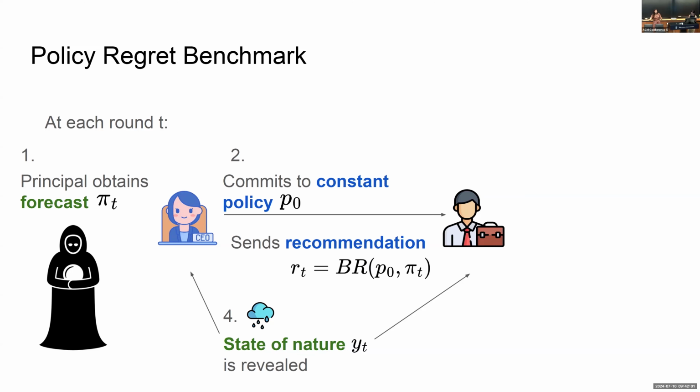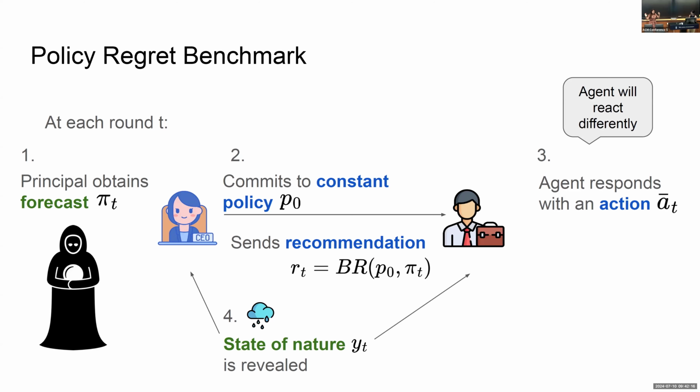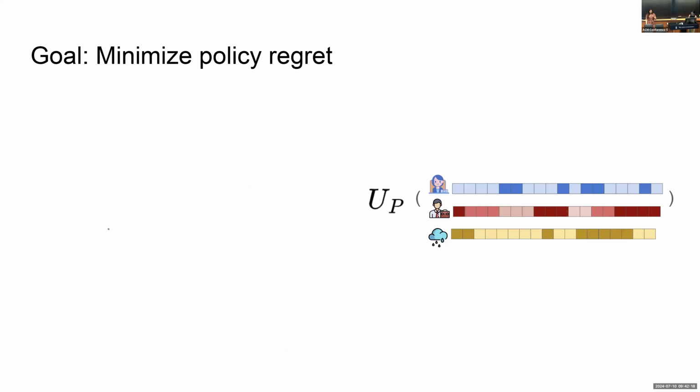So that's different. The recommendation now is also different because it's dependent on the policy. And now the agent, again, I haven't totally defined what their behavior is, but we'll also let them now respond differently, right? Okay, so this is the policy regret benchmark. So what's the utility in every round? This utility of the principal is like, so here we have the principal with their little policies.